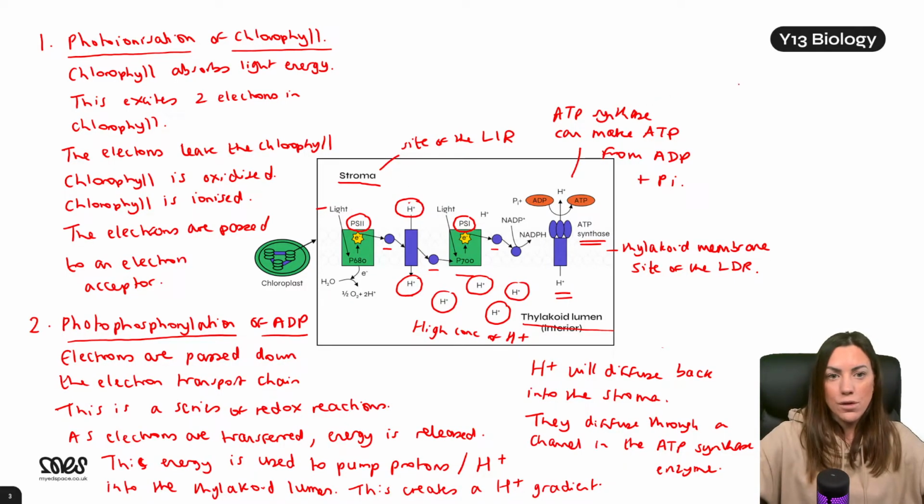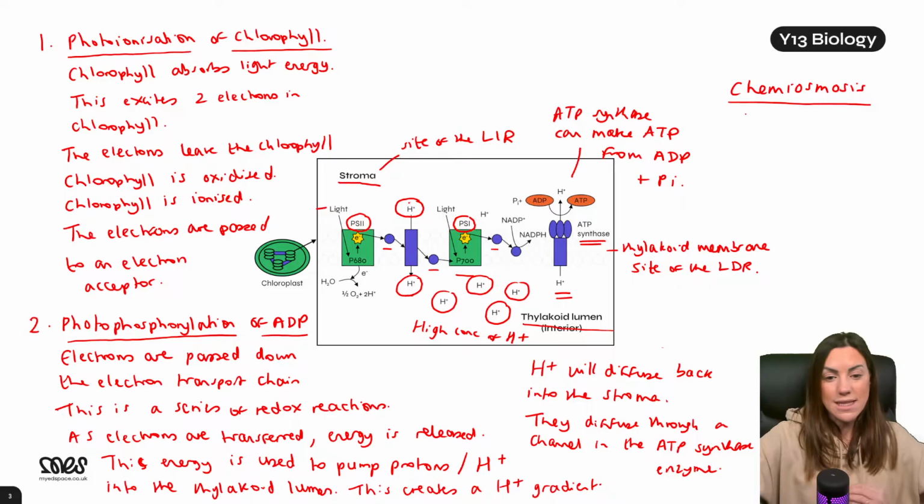One more word for you to get your head around is chemiosmosis. This is an example of chemiosmosis, which is the same thing that you see in aerobic respiration, in oxidative phosphorylation.